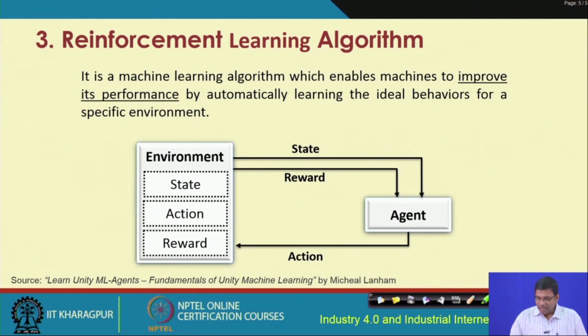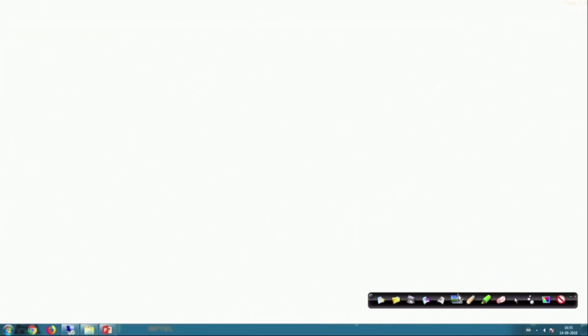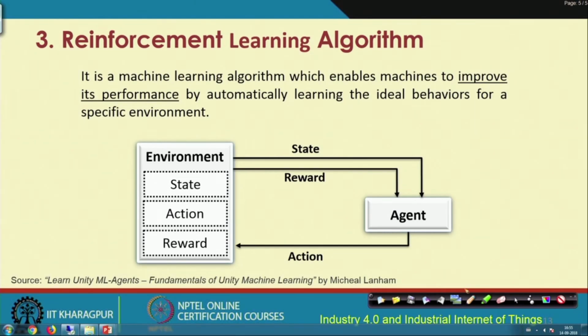The way it proceeds is that we have two different entities: the agent which wants to learn, and the environment with which this agent interacts. The agent learns by interacting with the environment.